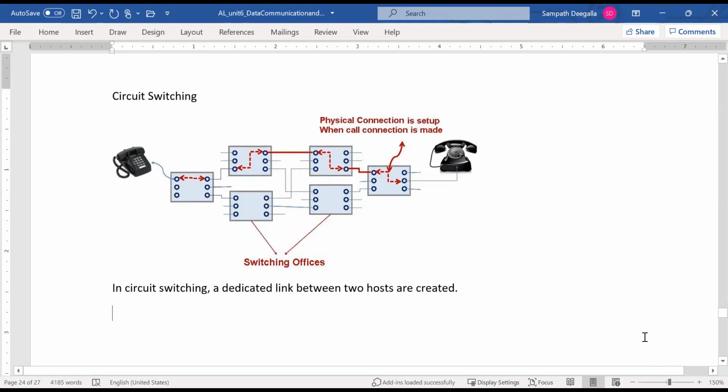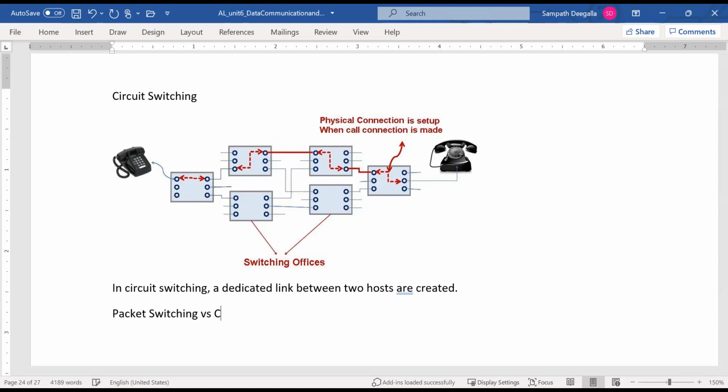So if you compare circuit switching and packet switching, we will say packet switching versus circuit switching.